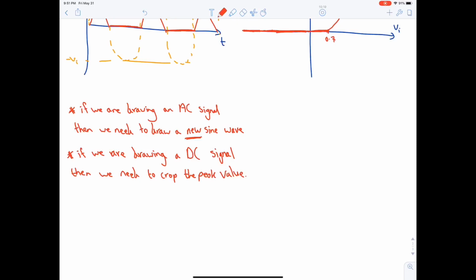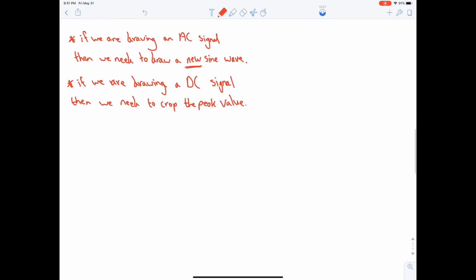Okay, now when do we get a DC signal? You get a DC signal whenever you have such circuits. For example, if you are drawing V output across a DC source, then you have a DC output.